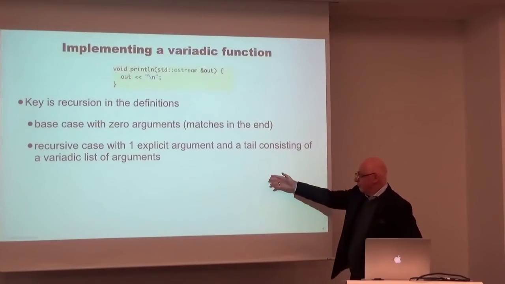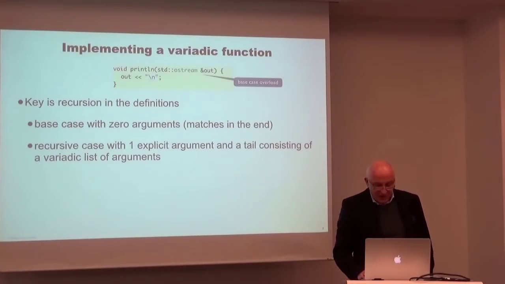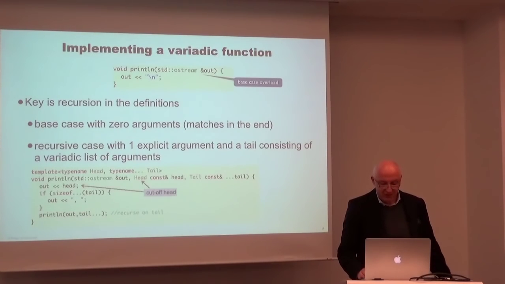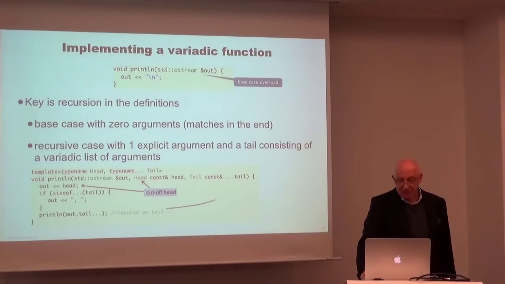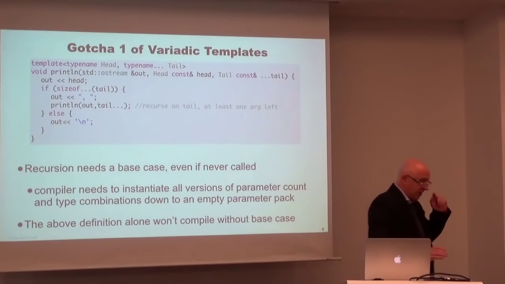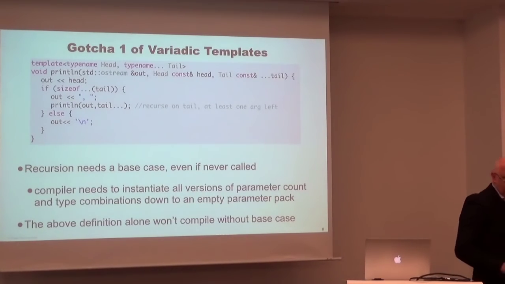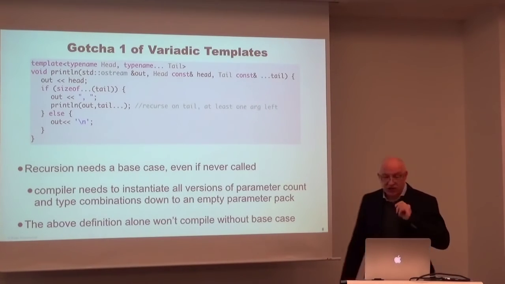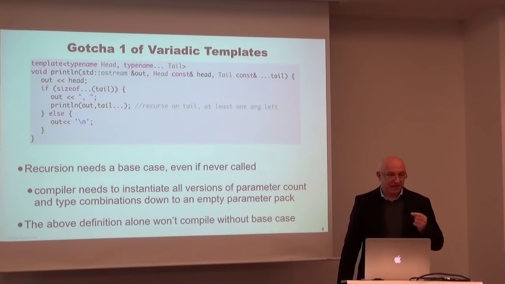So now I hope you understood the magic behind it. It's not really magic, it's just providing compile time recursion. There are a few interesting parts when you do that. The first thing: the recursion needs a base case even if it's never called.